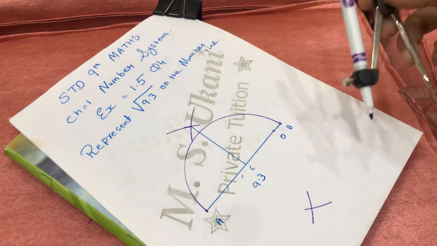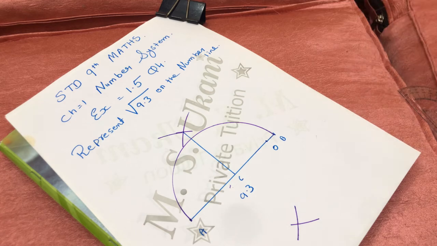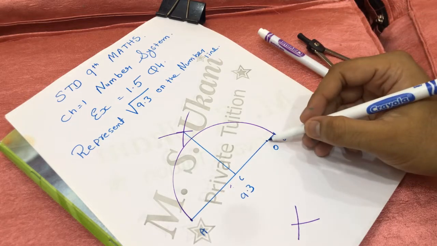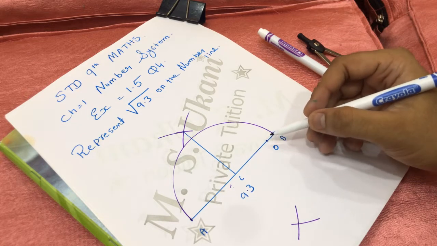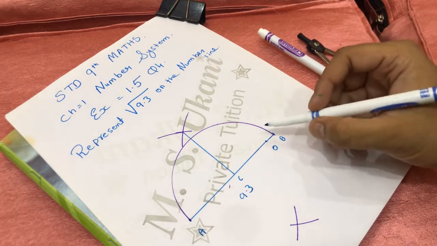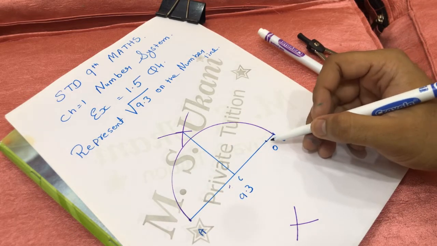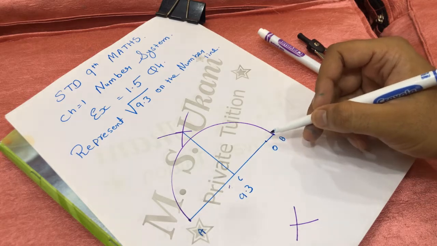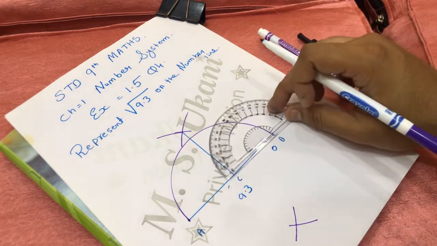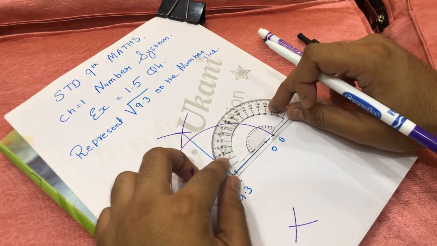Now after making the semicircle, we have to construct a 90-degree angle at point O. Again I am saying, after making the semicircle, we have to make a 90-degree angle from point O. You can make the 90-degree either with a protractor or with the help of a compass.